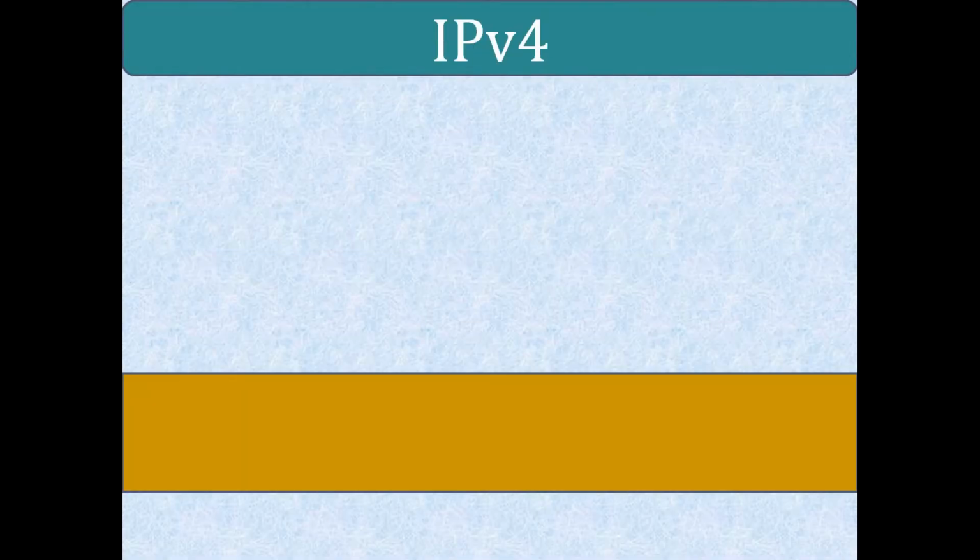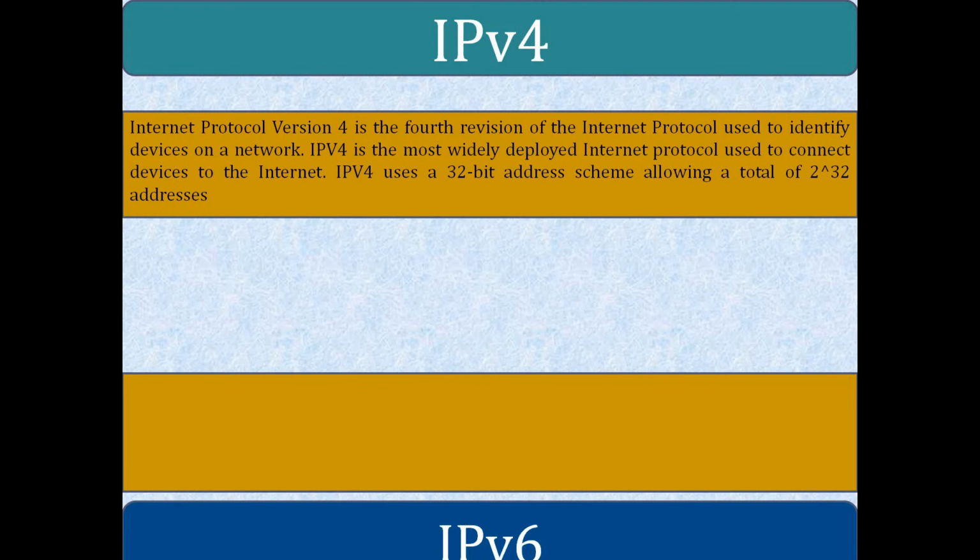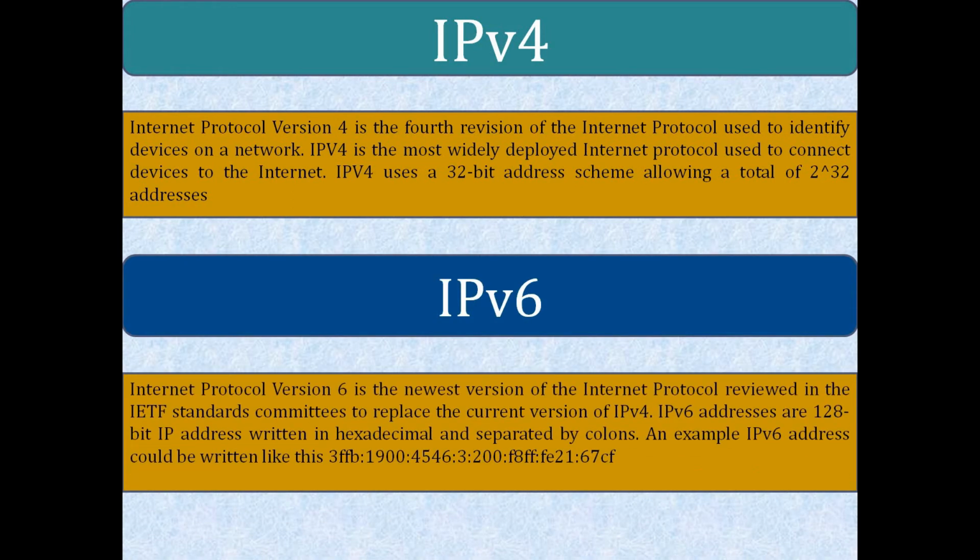So next we are going to see what is IPv4 and what is IPv6 and the description. IPv4 means Internet Protocol version 4. IPv6 means Internet Protocol version 6. IPv4 is the fourth revision of the Internet Protocol used to identify devices on the network. IPv4 is the most widely deployed Internet protocol used to connect devices in the Internet.